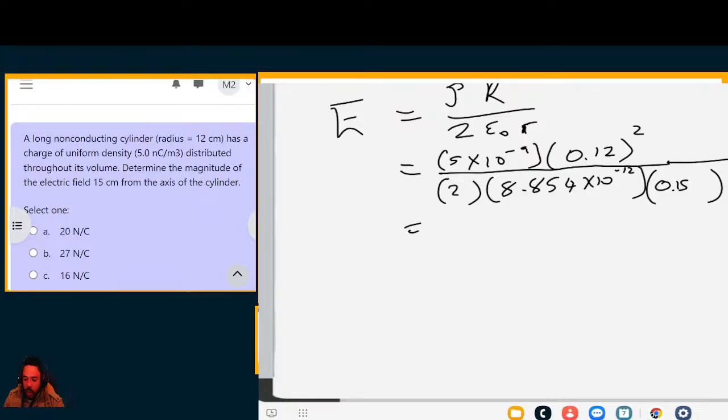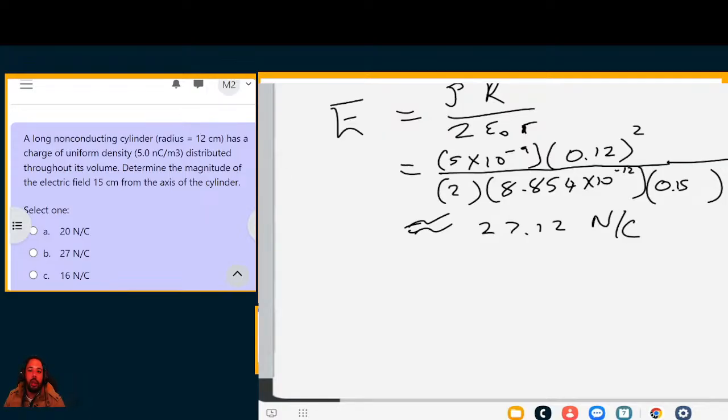If we work it out, I trust you can do this on a calculator, you get approximately 27 newtons per coulomb.